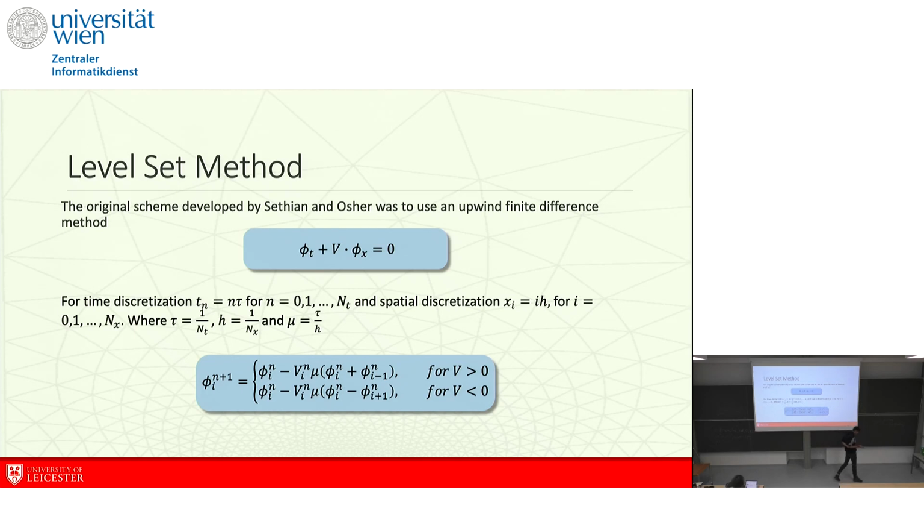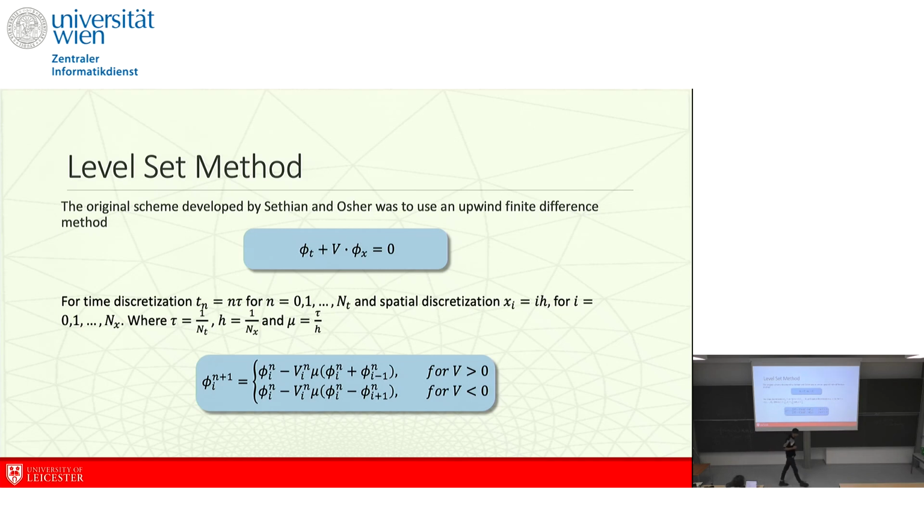So how do we solve the level set equation? The original scheme developed by Sethian and Osher was to use finite difference methods. And this here is quite a basic upwind method.